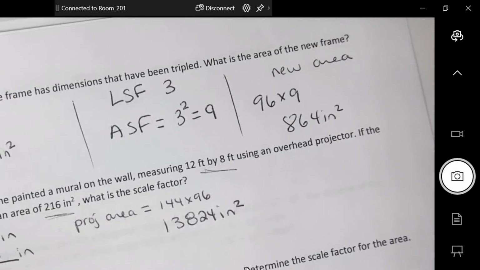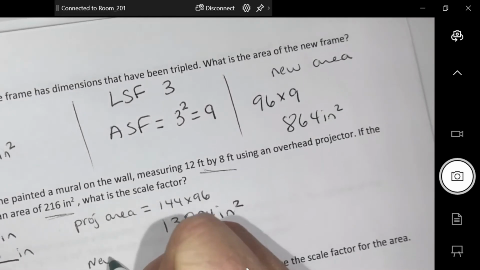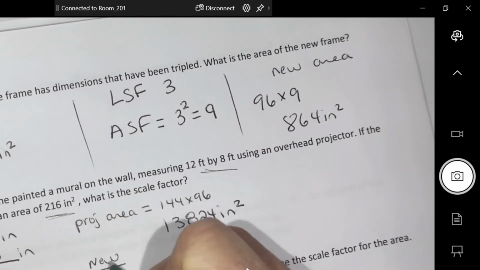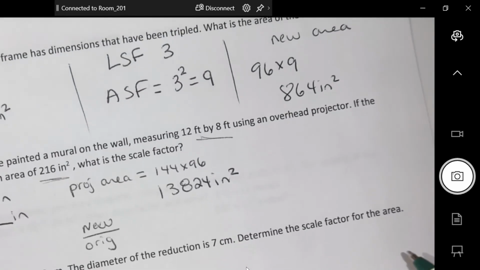Okay, ready? This is what we've always set up. New over original. That's what we always talk about. It's always that way. New over the original.